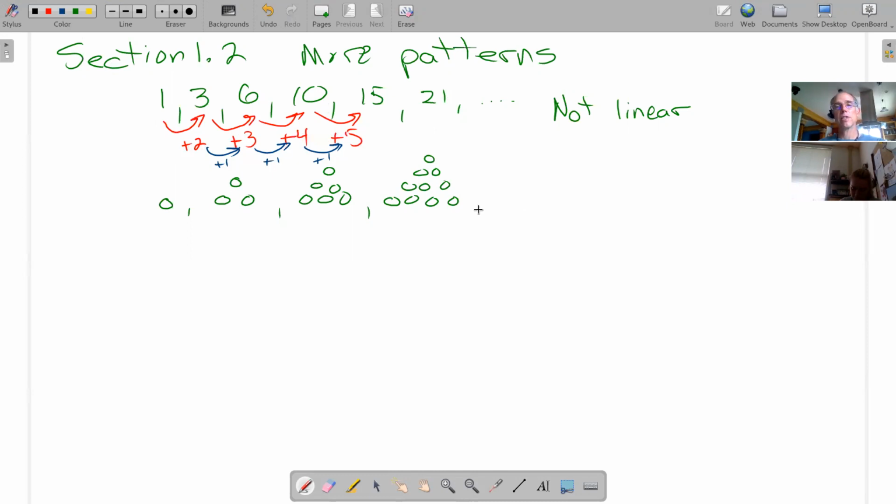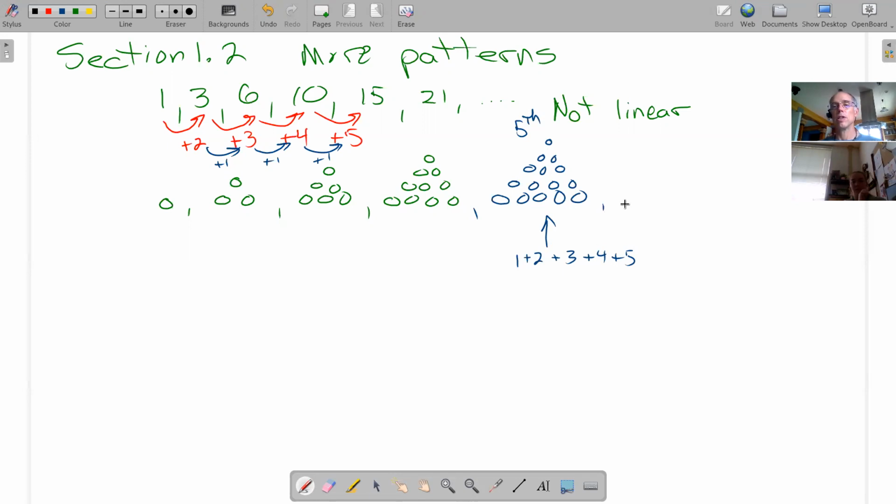Now, if I extend this moving on down here, let's look at the next one, I would have 5, 4, 3, 2, 1. One way to look at coming up with that number is I just take the numbers 1 plus 2 plus 3 plus 4 plus 5 to get the fifth number in this list here.